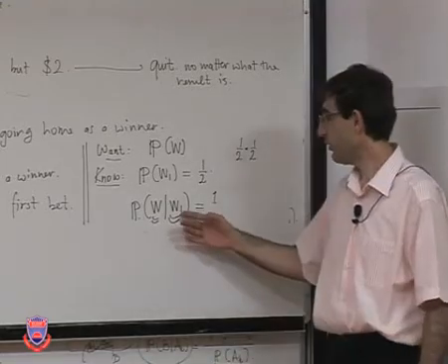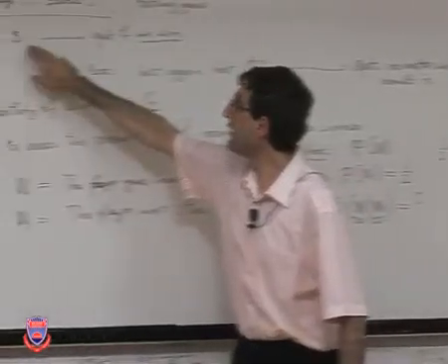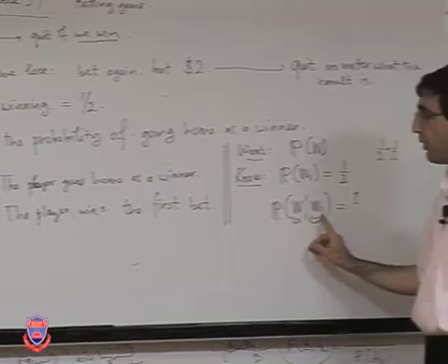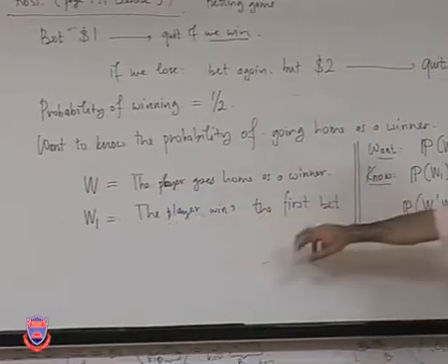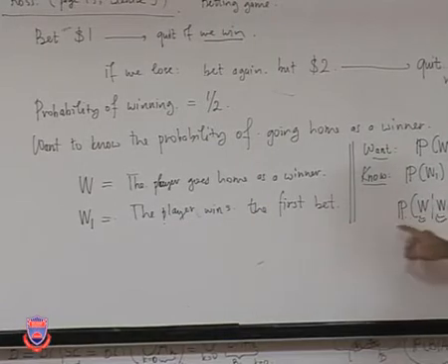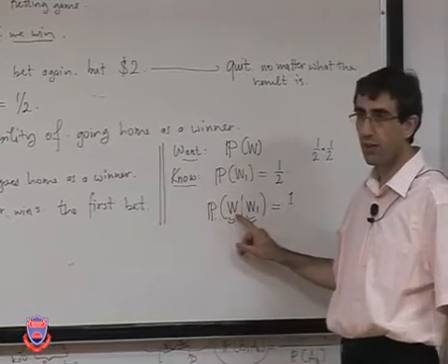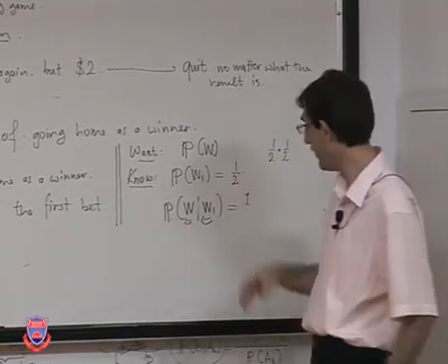Given that W1 happened, namely given that the player won the first bet, the probability that this guy is going home as a winner is, with certainty, with probability 1, we know that, right?